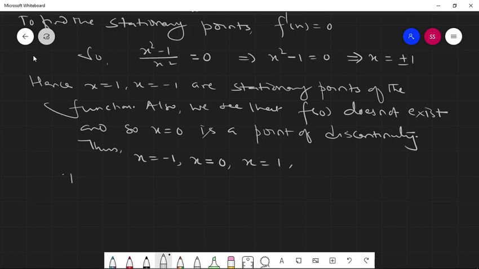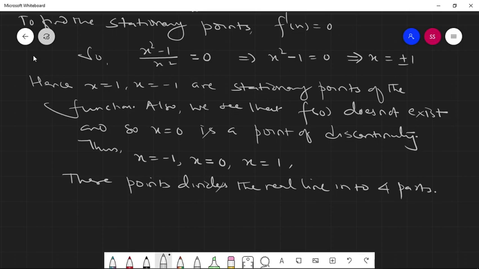So these points divide the real line into 4 parts, which are the intervals minus infinity to minus 1, minus 1 to 0, 0 to 1, and 1 to infinity.